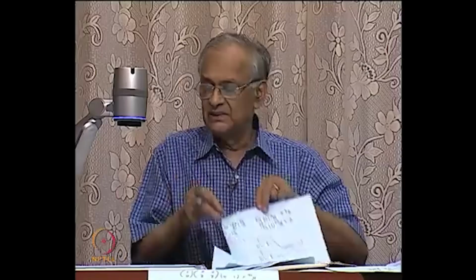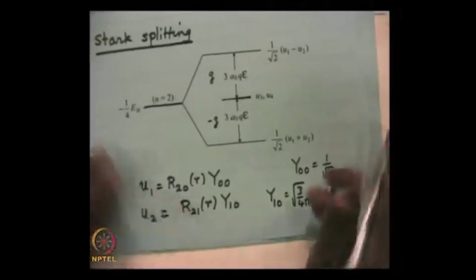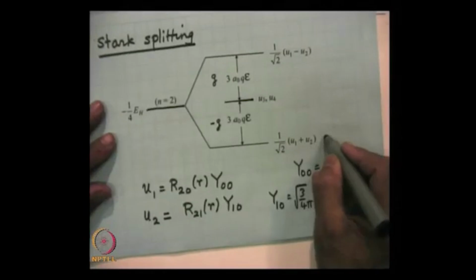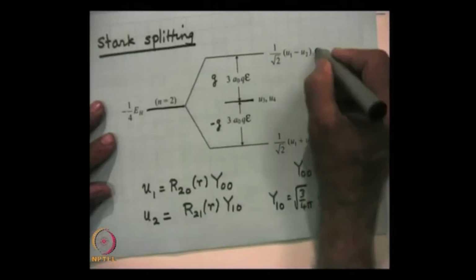So, if we start out with those set of unit vectors in which H prime is diagonal, then the diagonal elements will represent the perturbation. In this particular case, this is phi 1 that we had chosen and this is phi 2.